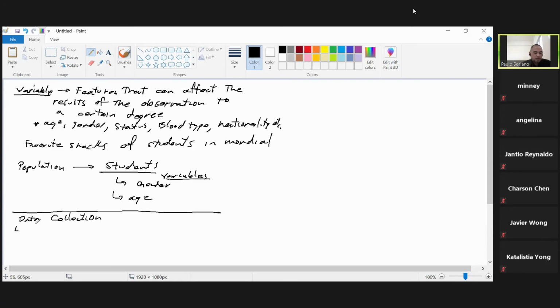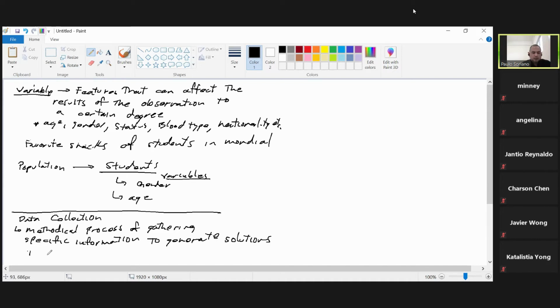Data collection is the methodical process of gathering specific information to generate solutions to relevant questions.